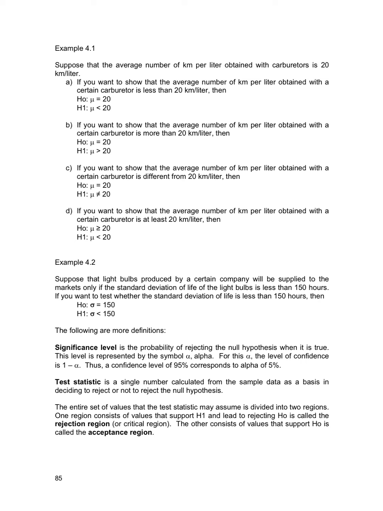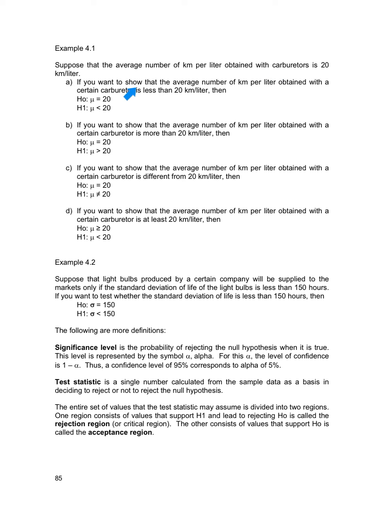Okay, let's take a look into some statements or some examples on the hypothesis. Suppose that the average number of kilometer per liter obtained with carburetor is 20 kilometer per liter.